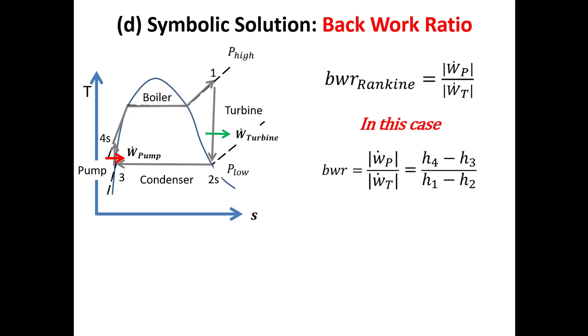So in this case, because the mass flow rates, again, are the same, I can just say that this is going to be delta H across the pump divided by delta H across the turbine. I take the absolute value of these things, and I find that my back work ratio is about 1%. And that's one of the things that's good about Rankine cycles: they typically have very low back work ratios because it doesn't take very much power to pump a liquid up to pressure.